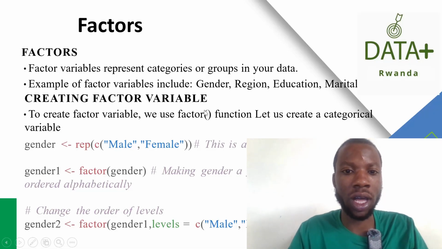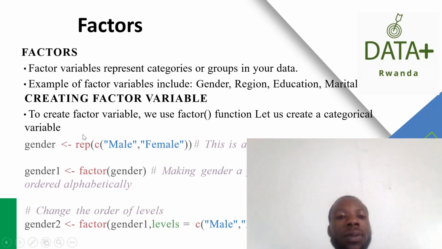If we are creating a factor on a variable, we use the factor function. Let's create gender, because we cannot create a factor without having categorical variables.